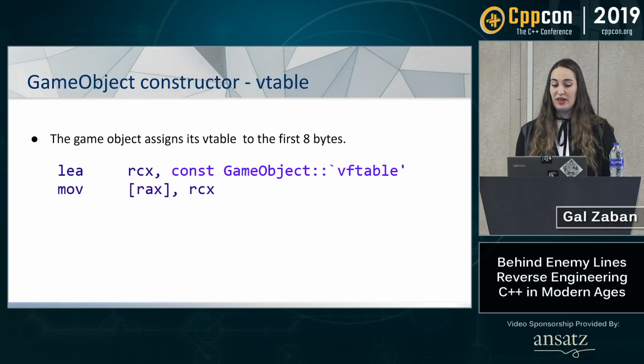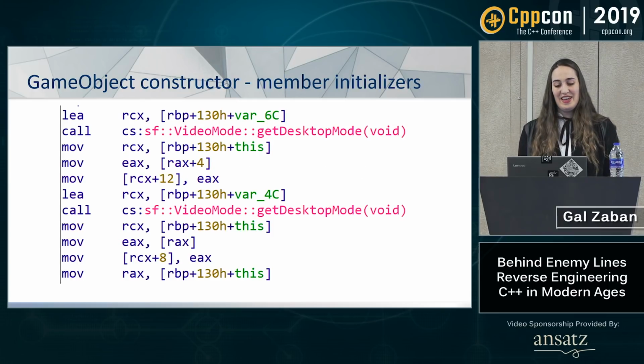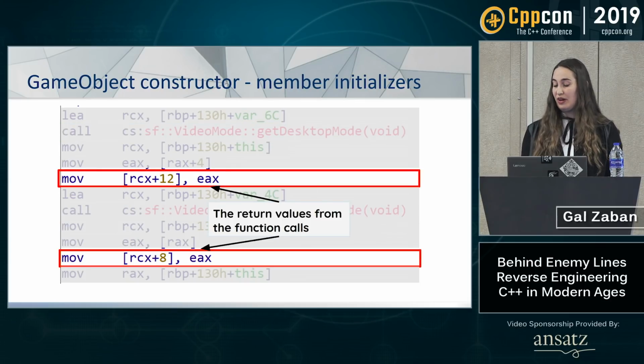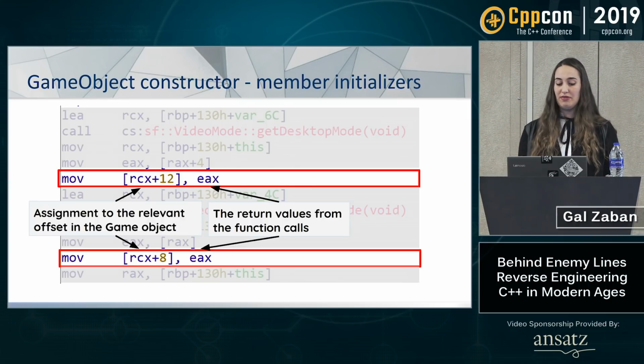In the game object constructor, we can see an assignment of the vtable to the first 8 bytes of the object. Afterwards, we can see the member initializer. You can see a call to get desktop mode. The return values from the function are stored in EAX and then moved to the relevant offsets in the game object.